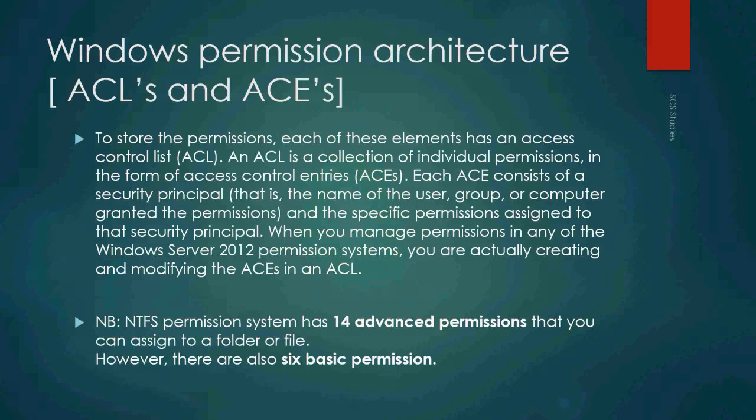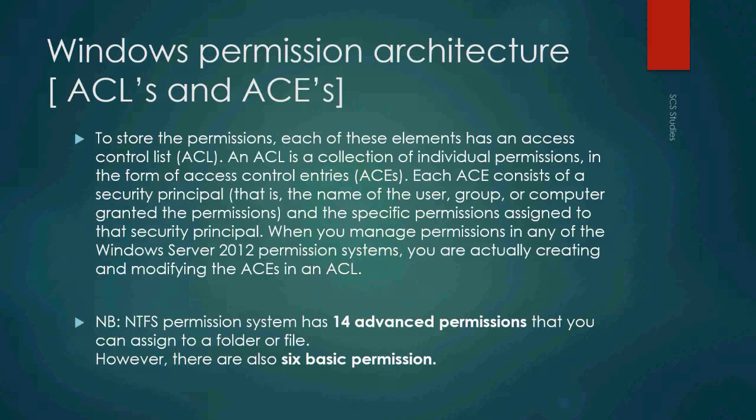NTFS permission system has 14 advanced permissions. If we go with the advanced option in the NTFS share permission, we can get 14 different permissions that you can assign to a folder or a file. However, there are also 6 basic permissions which are available in NTFS share permission.